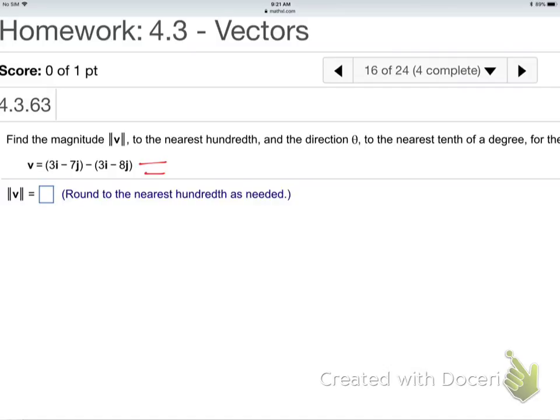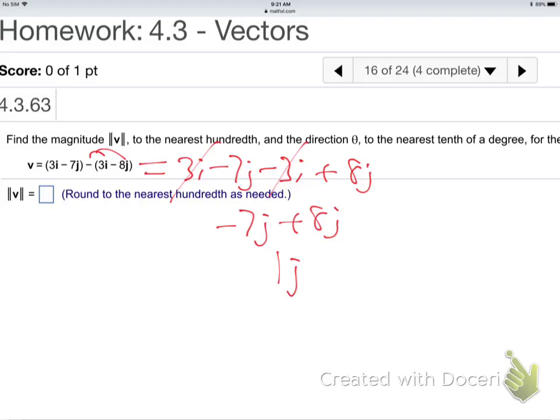Just making sense. So that minus sign in front of those parentheses needs to distribute. So 3i minus 7j minus 3i plus 8j. We good there? Minus in front of a parenthesis always distributes like that. And then minus 7j plus 8j. What is that? 1j.